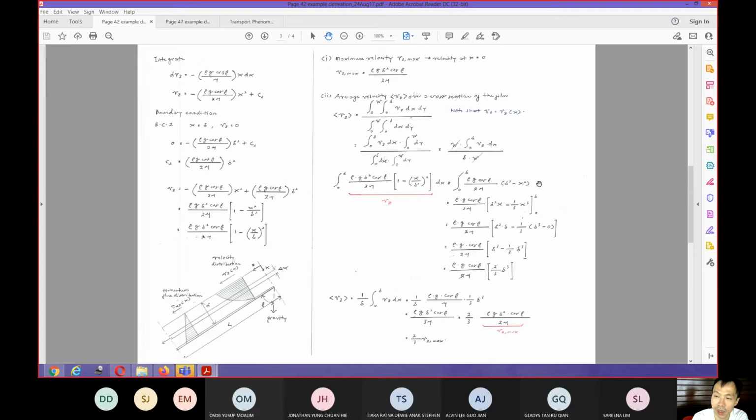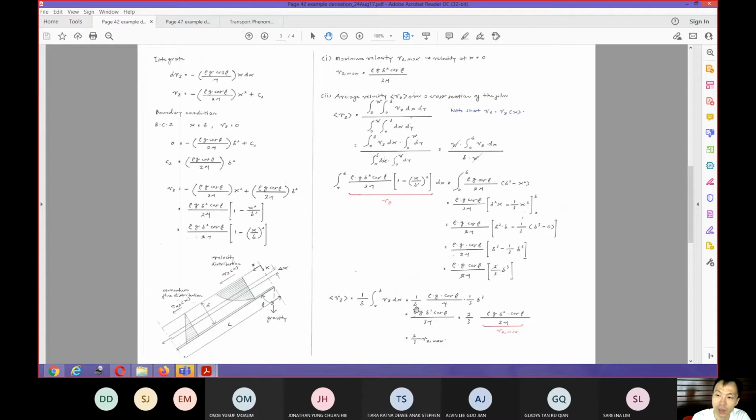I need to put in a dx. And then once you do that, you can integrate that. The integration of the constant will be whatever is multiplied by dx. And then the integral of this one will be 1/3 of the x, and you have to increase the order by 1. Okay. Then you continue again. Then you will get that the integral of the Vz dx is equal to this term in here.